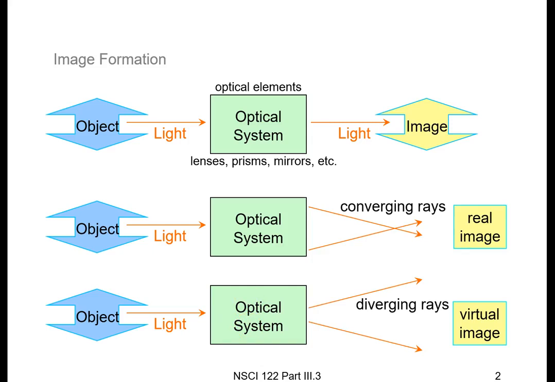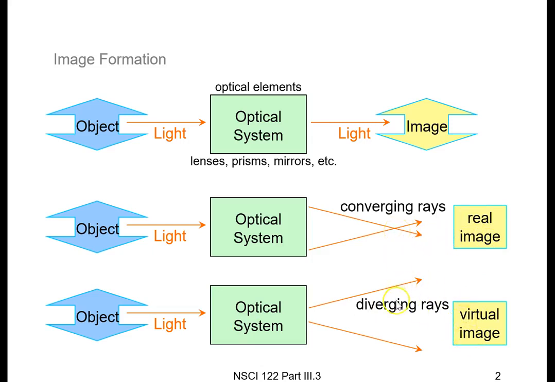Or you could have another optical system, like a camera lens. If the camera lens catches some of these diverging rays, the camera can actually take a photo of the virtual image. But that's the main difference between a real image and a virtual image. A real image is formed with converging rays that meet.